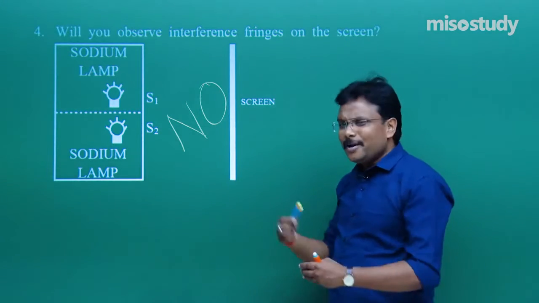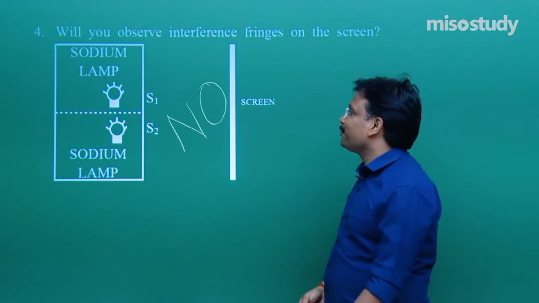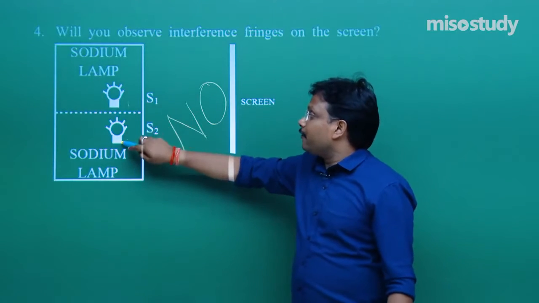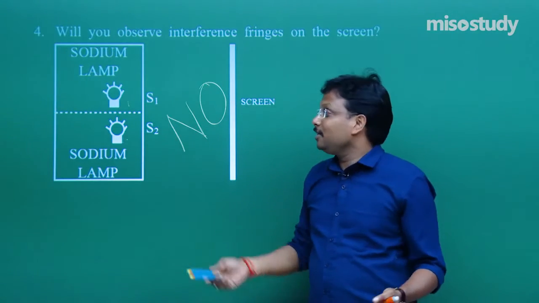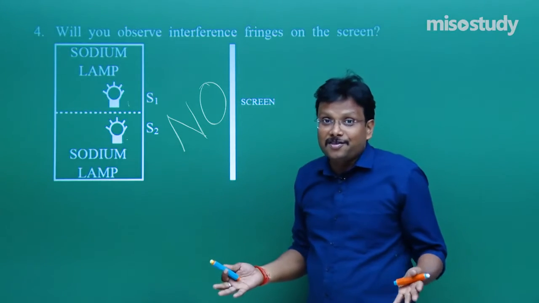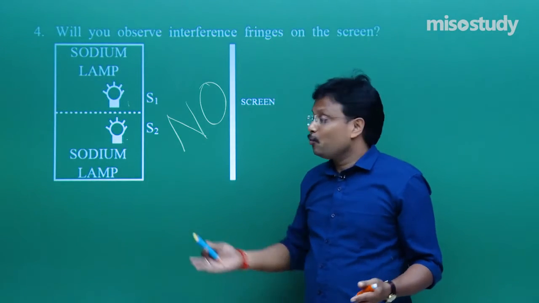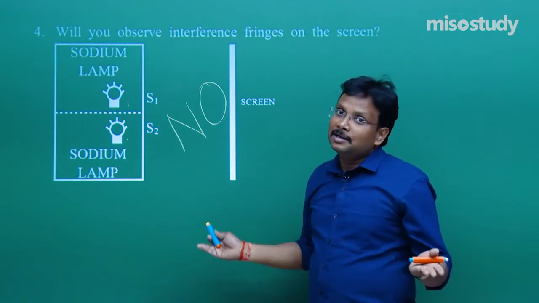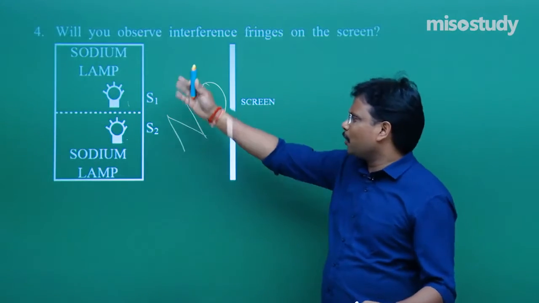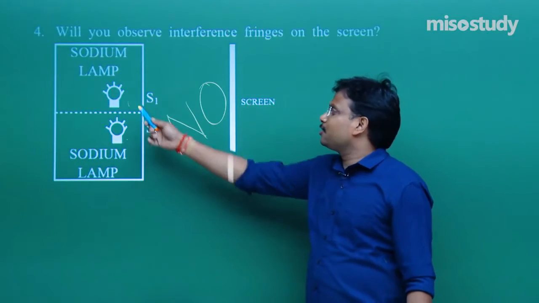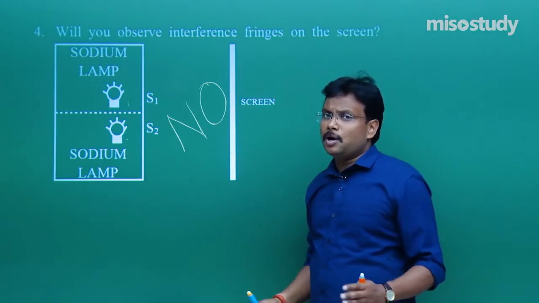So, in continuation of these two questions, because these are two different sources, they are not coherent, and when they are not coherent, phase difference is there, then what will happen? They will not produce any type of fringes. So now you can explain it this way: these two sources S1 and S2 are two separate sources.